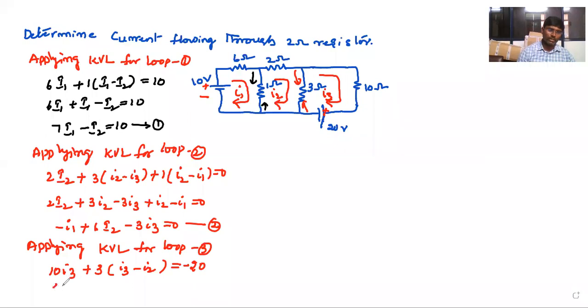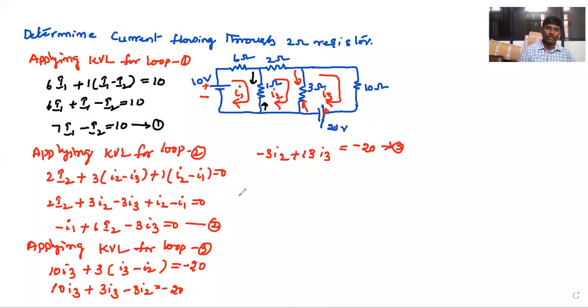This will give 10I3 plus 3I3 minus 3I2 is equal to minus 20. So from this, we get minus 3I2 plus 13I3 which is equal to minus 20.